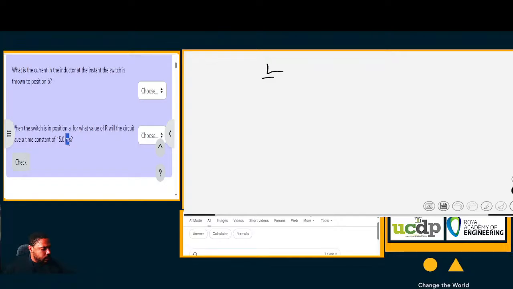Equivalent resistance will be the inductance divided by the time constant. Nothing has changed, only the time constant is not in milli but in micro. So it's 10 to the minus 6, 15 micro. It should be micro, but I used an M there, which in this case denotes milli. That's why I was a bit confused for the moment.